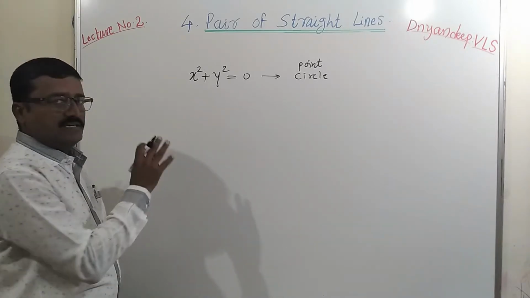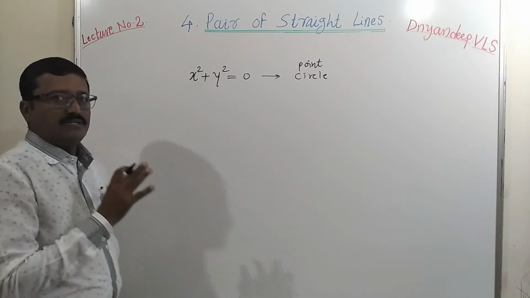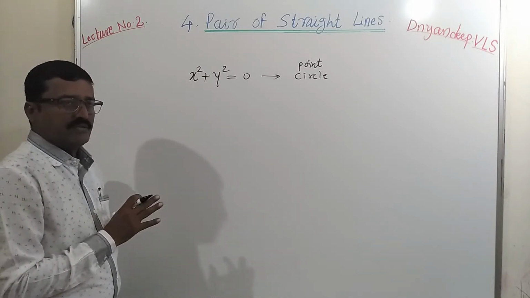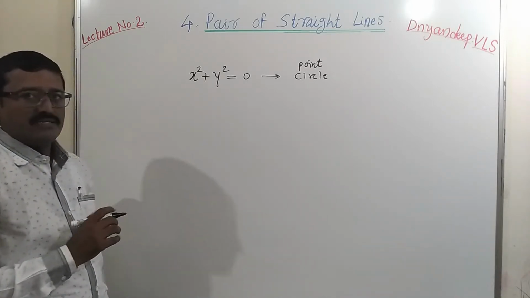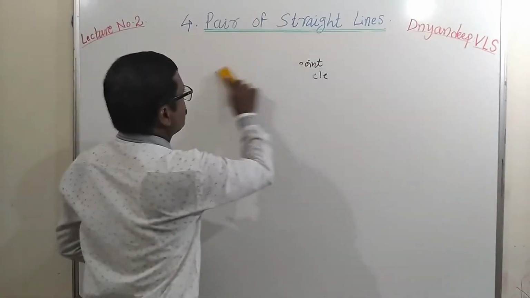We can find the condition for a homogeneous equation to be the combined equation of pair of lines. For that, let us see the third theorem, theorem number 3.